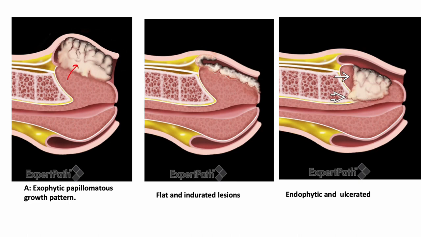This one shows an exophytic component with minimal invasion, limited to the superficial part of the lamina propria. This is a flat growth of the lesion with minimal invasion into the submucosal tissue, and this example demonstrates surface ulceration with endophytic growth deep to that tissue.